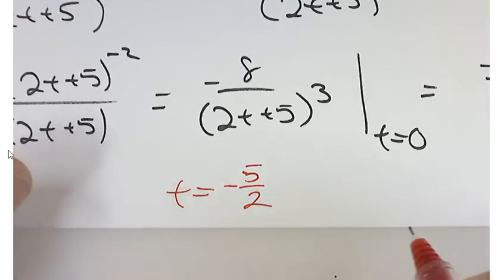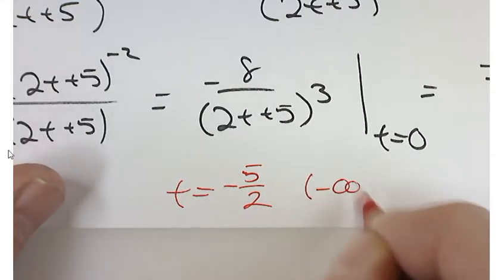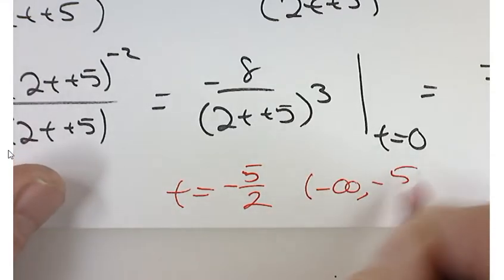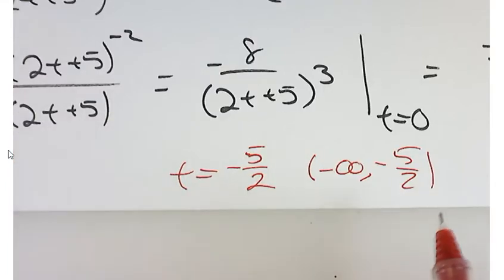Let me just check something. So 0, yeah. From negative infinity to negative 5 halves, that's where it would be concave up. But at negative 5 halves itself, it's neither, because it's actually got a vertical tangent at that point. Good question.